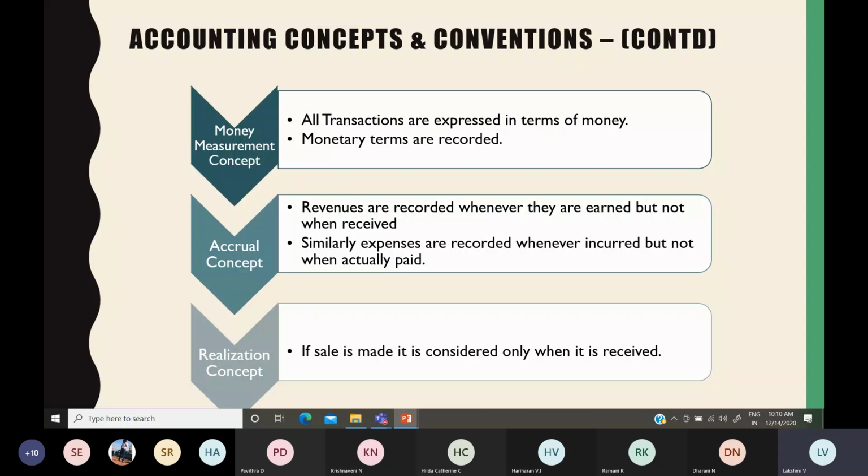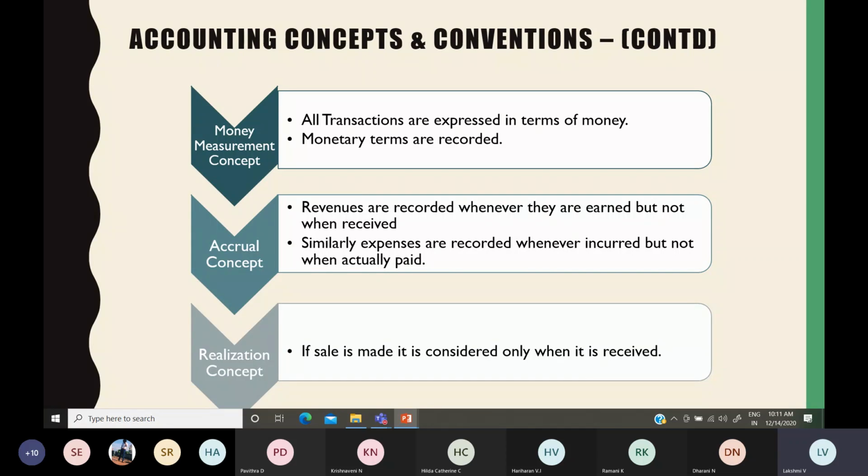Here you will not be considering the qualitative aspects, the person's potential, the employee's potential, or if he has given a good performance, his attitude, his behavior, his skills, whatever he has, we are not going to record in our accounts. Basically, in our accounts we are going to record only what you can express in terms of money or some value.